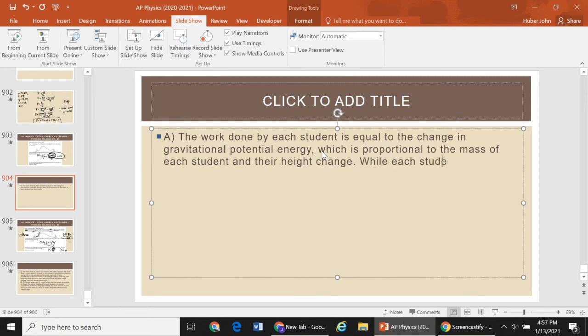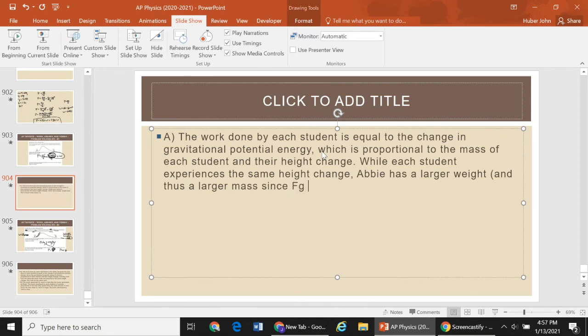While each student experiences the same height change, Abby has a larger weight and thus a larger mass, since Fg equals mg, and so more work is needed for her to reach the top of the hill. Notice, very similar analysis, but a different conclusion, because now that they no longer have the same weight, a different amount of work is done.